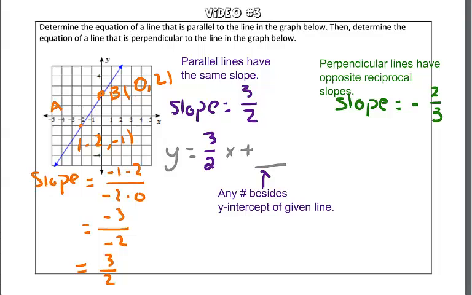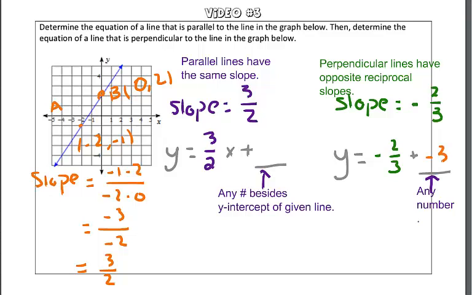So similarly, we're going to use the slope-intercept form, which is y equals mx plus b. Our slope is going to be -2/3. And for our y-intercept, we can use any number because we no longer have to worry about it being the same line. So this y-intercept can be any value.